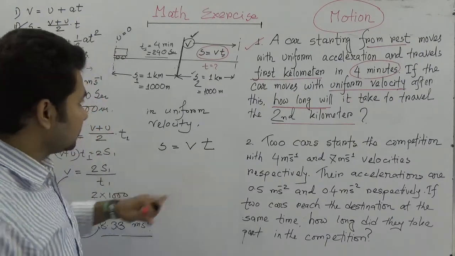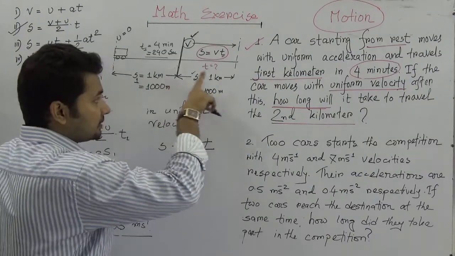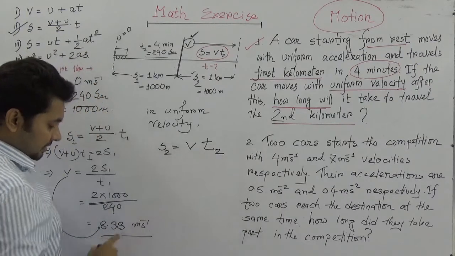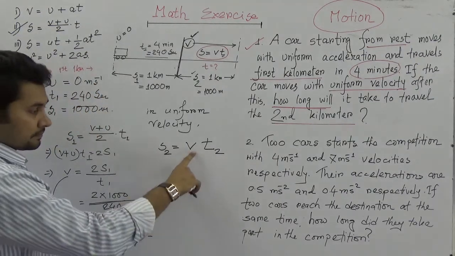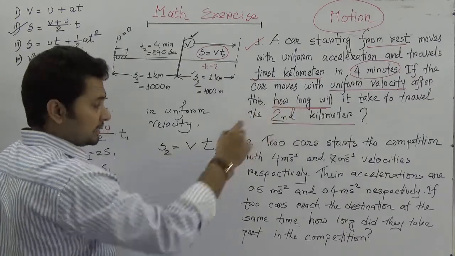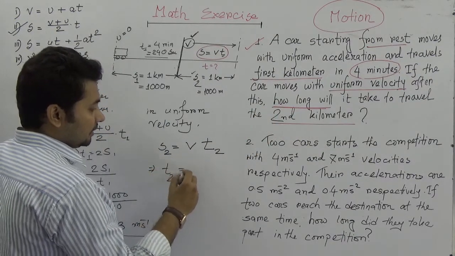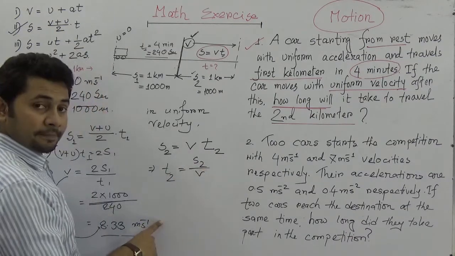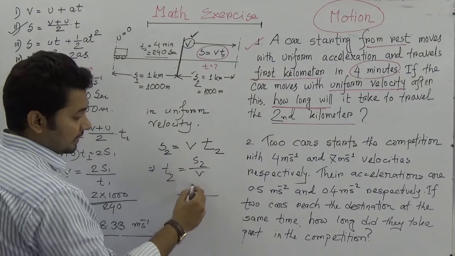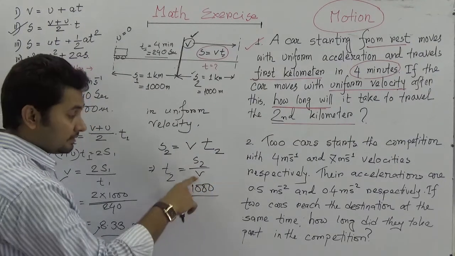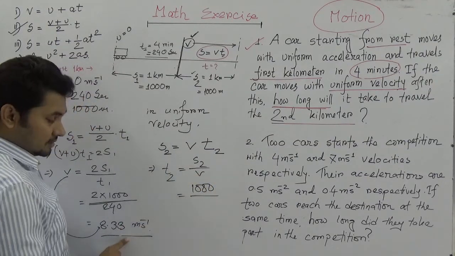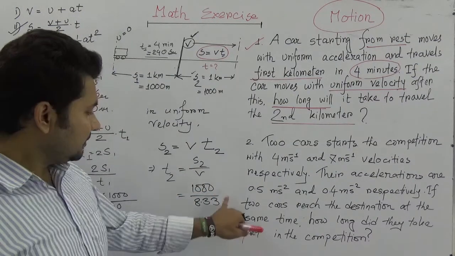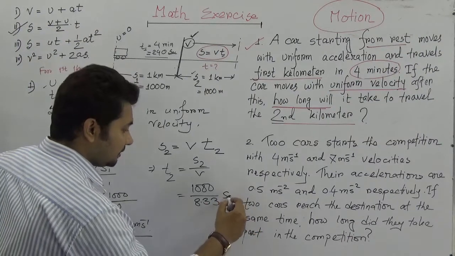So we will talk about the second half of the displacement, because this V will remain the same. And the question is, how long will it take? If we say this is T2, then we can say T2 is S2 over V. This S2 is 1000 meters, and this V is 8.33, and the unit would be seconds.